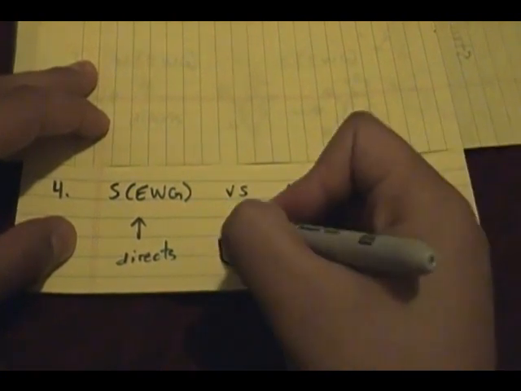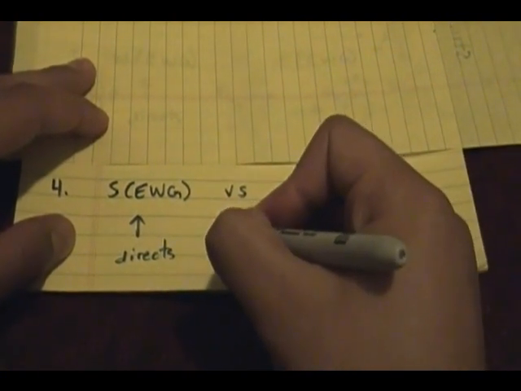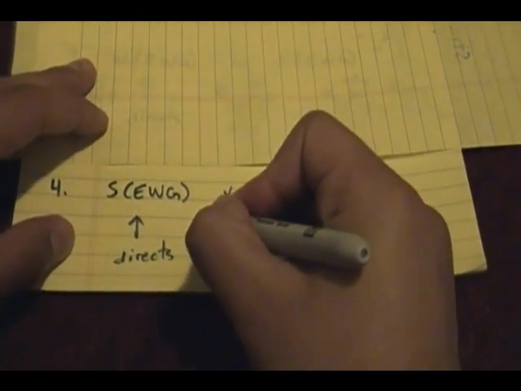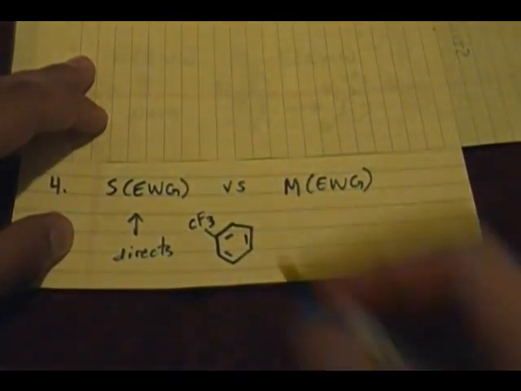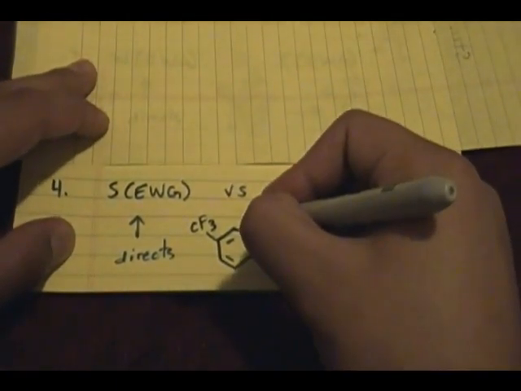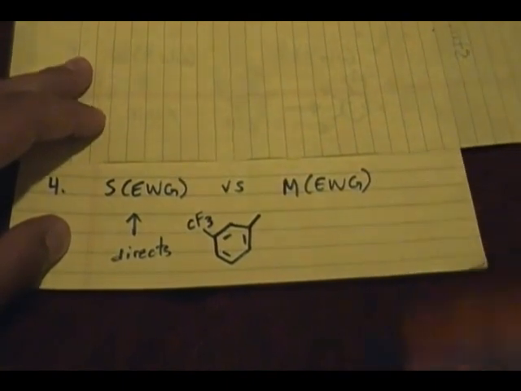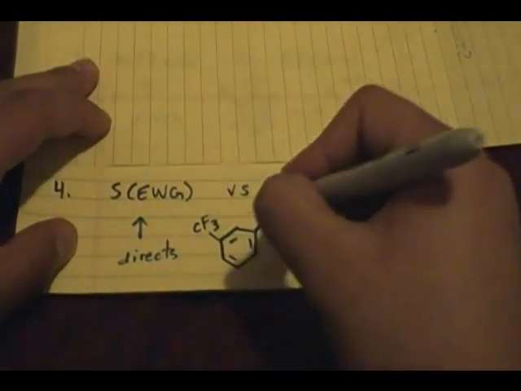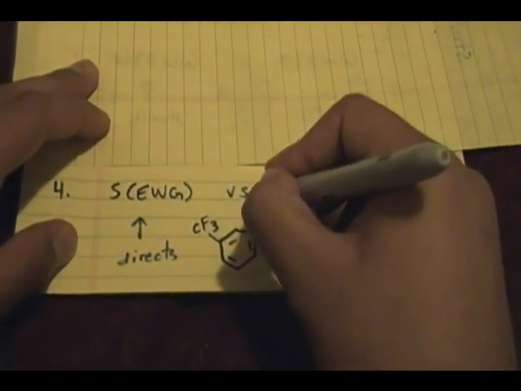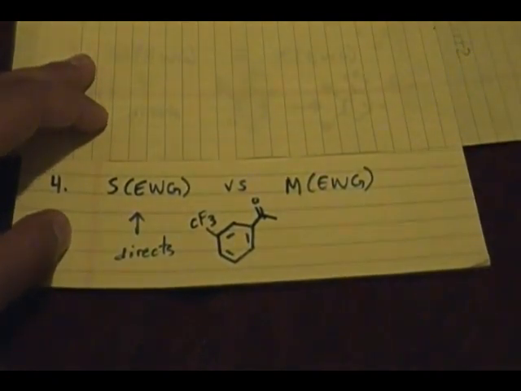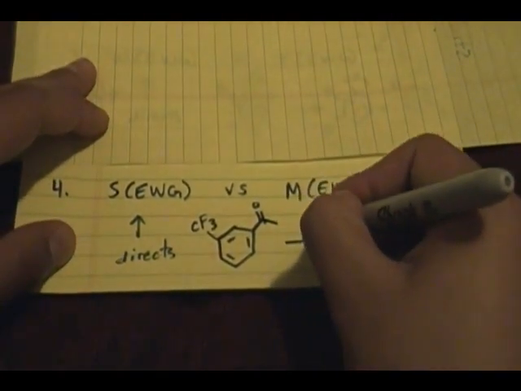And let's just say you have CF3 right there, and you have, let's just say we have a ketone, okay, and we're doing halogenation.